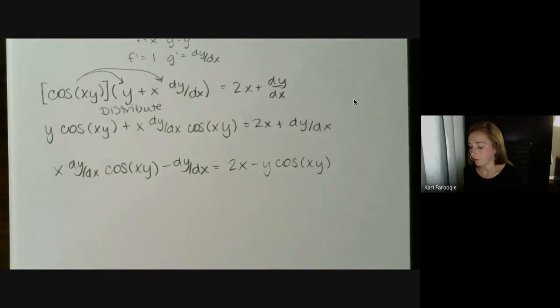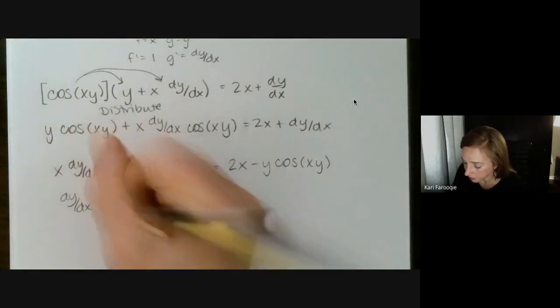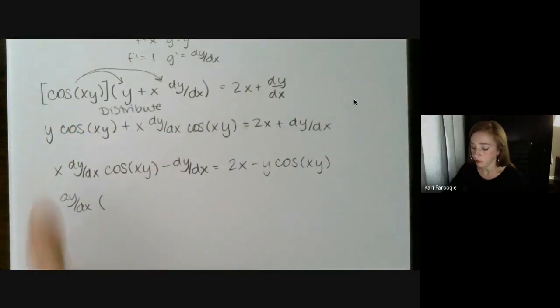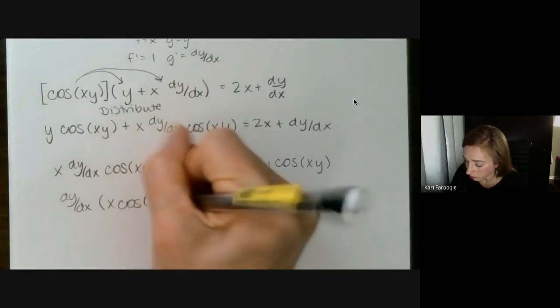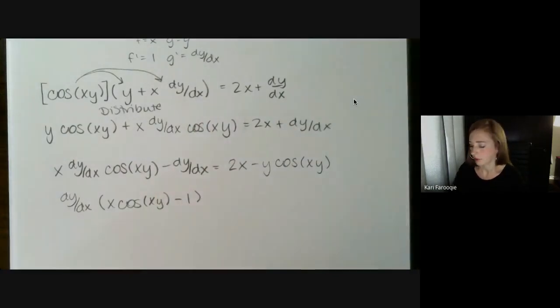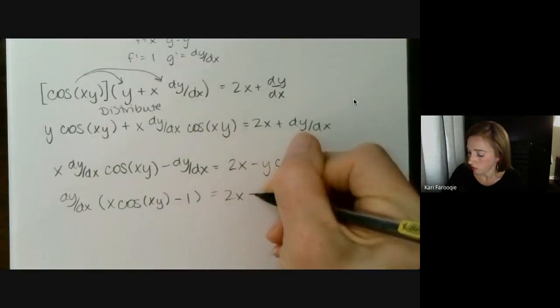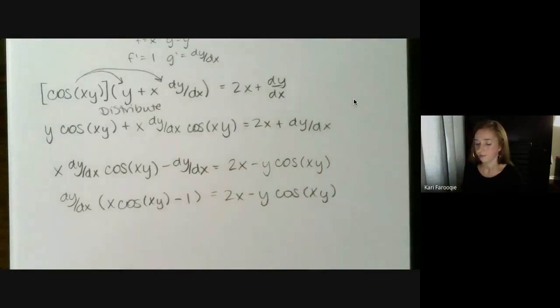Okay, now factor out the dy/dx, and then we'll solve. So when I take that out, don't forget you still have an x times cosine xy, and then don't forget your 1, equals 2x minus y cosine xy.